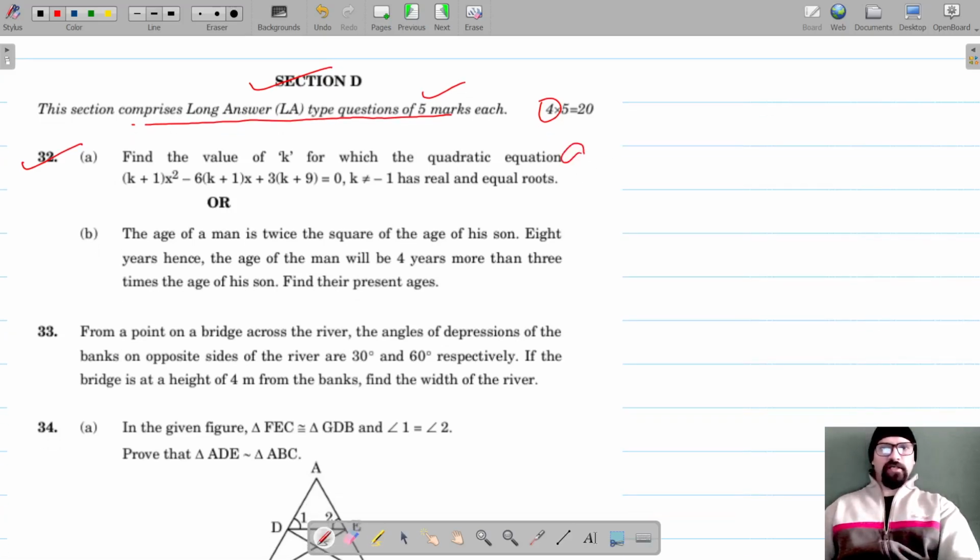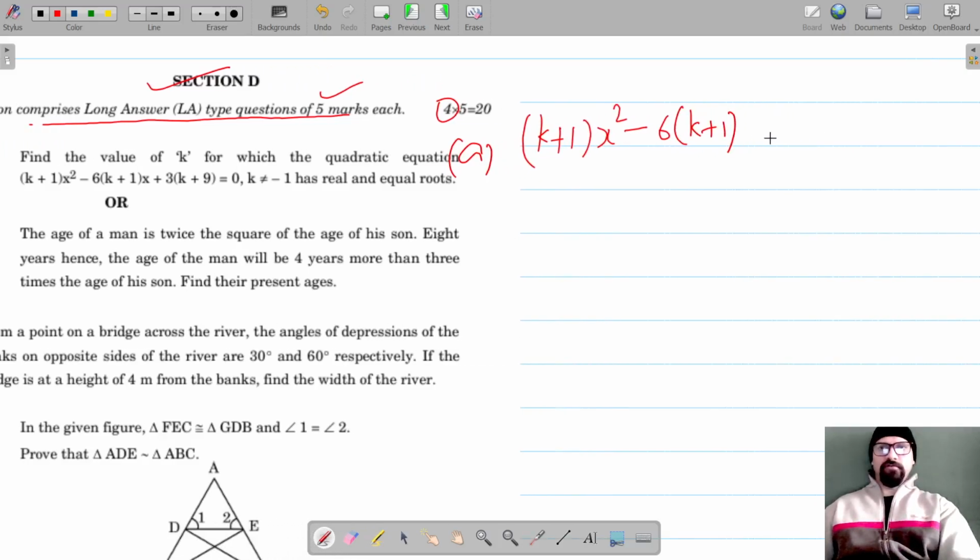So for part A, we have to find the value of k, for which the quadratic equation k plus 1 into x square minus 6 into k plus 1 into x plus 3 into k plus 9 is equal to 0 has real and equal roots. So I'm going to write the coefficients of x square, x and constant c.